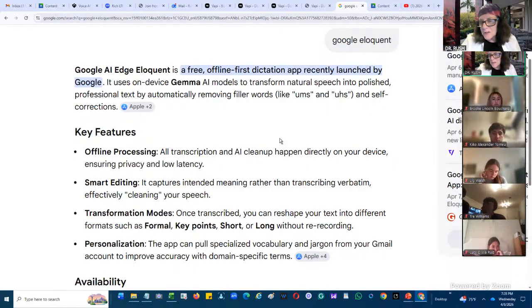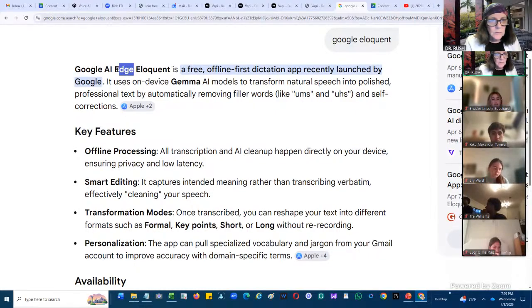Even some of our instructions that I gave you from last semester, I said, what's the big deal? Use the same instructions, but things change. So, things change all the time. We have to do it. This is called Google AI. You know Google, right, Brooke? No problem with that. AI, and they called their program Eloquent. And this is the key here. It's edge.